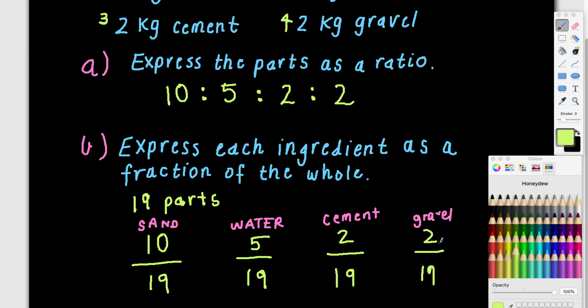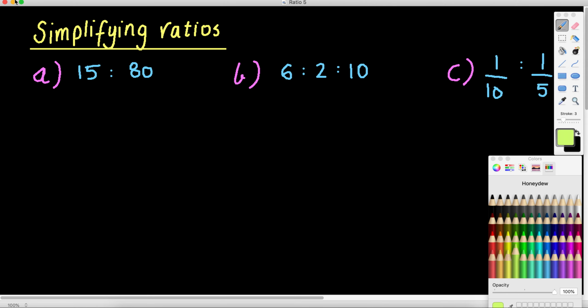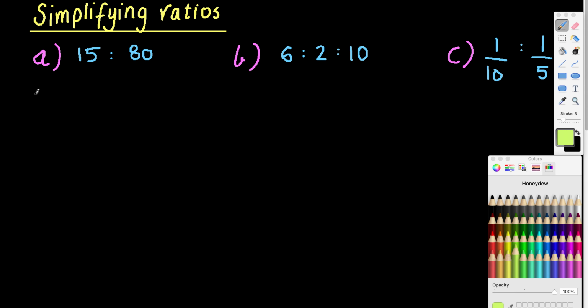Okay. What we might do then is have a look at the last thing I wanted to cover, which was simplifying ratios. Now, with simplifying ratios, you did do this in our last lesson. You watched a different video for me. So a nice straightforward one to start off with.